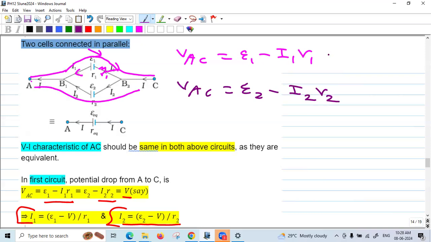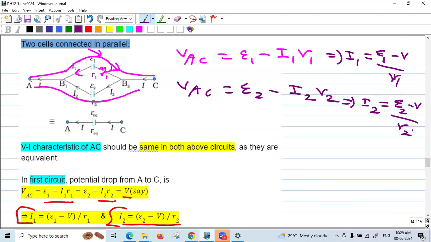So from this I get I1 as E1 minus V, writing V_AC in short form as V, divided by the internal resistance R1. Similarly, from the second one, with simple manipulation, I2 is E2 minus V divided by R2.